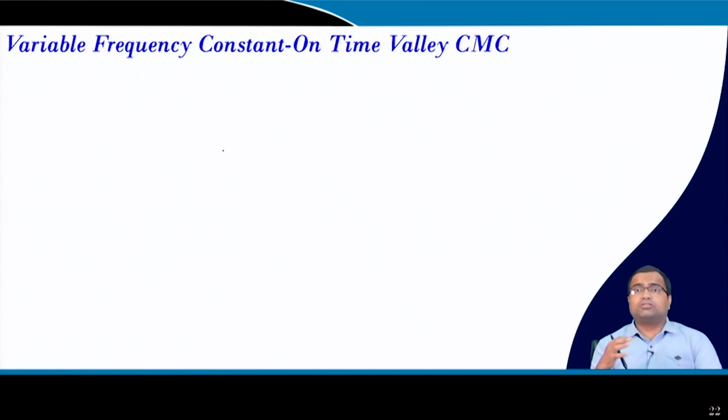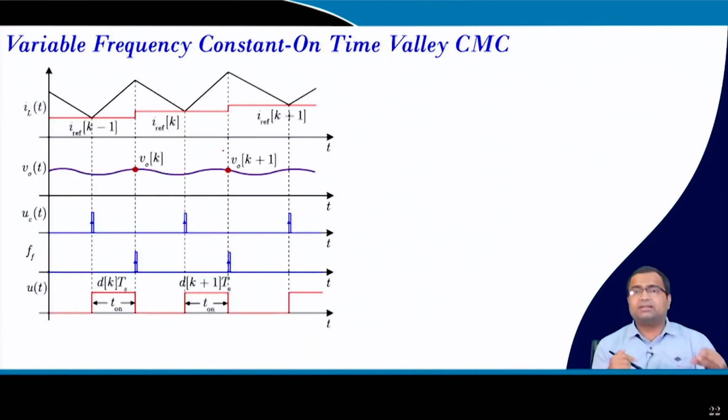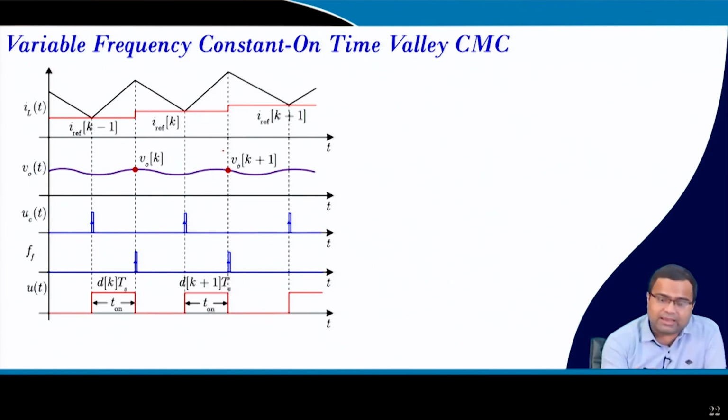And if you go to constant on time control, it is also a variable frequency control, we have learned. Again, we can use this event based algorithm. For constant on time, we generally take the sample before the switch turns off, because this on time actually comes from our monoshot timer.